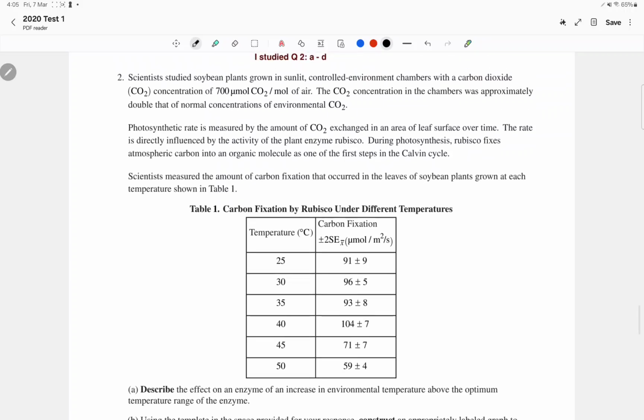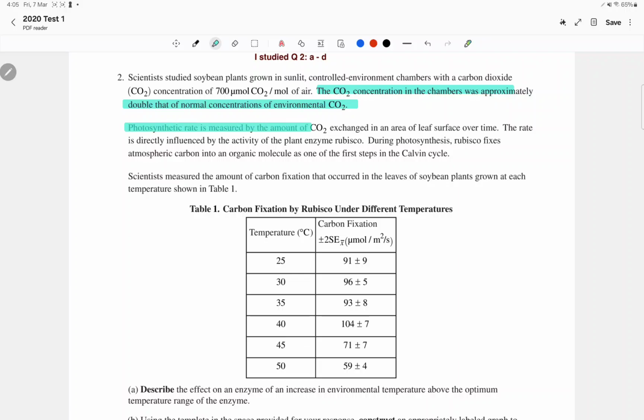All right, guys. Question 2. Scientists studied soybean plants grown in sunlit controlled environment chambers with carbon dioxide at 700 micromole of CO2. The CO2 concentration in the chamber was double that of the normal environment. How do we measure photosynthetic rate?